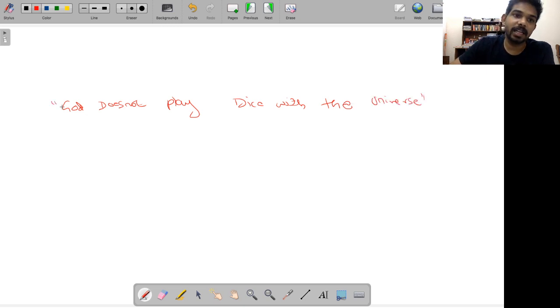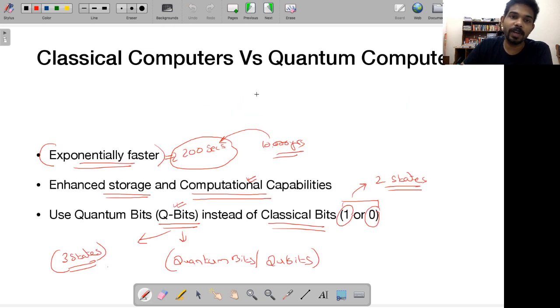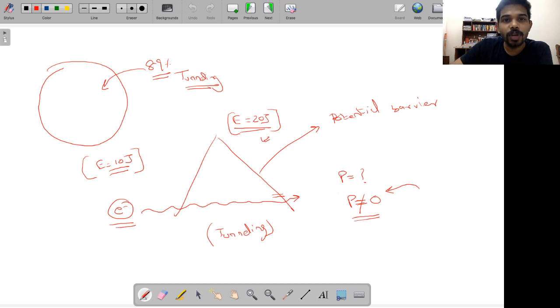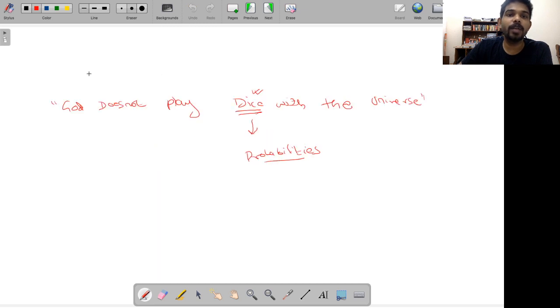Why does he say that? Because dice is something that is associated with probabilities. You always have a probability, 1 out of 6, of getting a 1 or 2 or anything. Dice is all about probabilities. He says God does not play probability with the universe. As I told you, when I asked where is an electron, you would be able to tell me with 89% probability that the electron is somewhere over here. So in quantum mechanics, we always deal in probabilities.